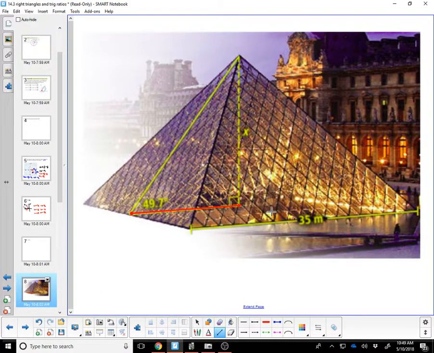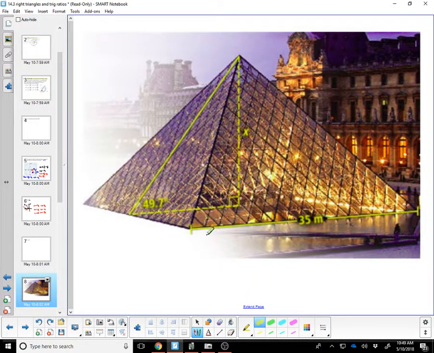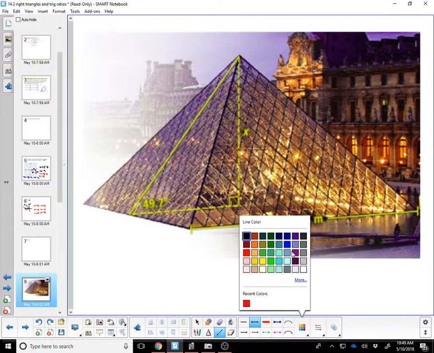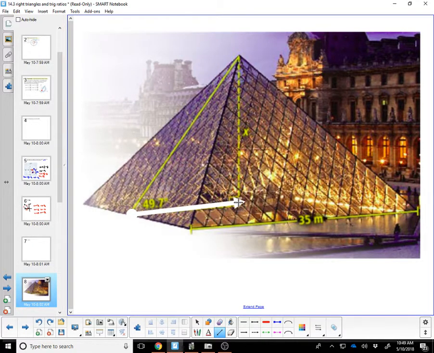Alright, let's undo that then. That was bad. Let's try this line again. Maybe green? Do white. Let's make this a little bit thicker though. Let's go like this. Oh yes, look at that.